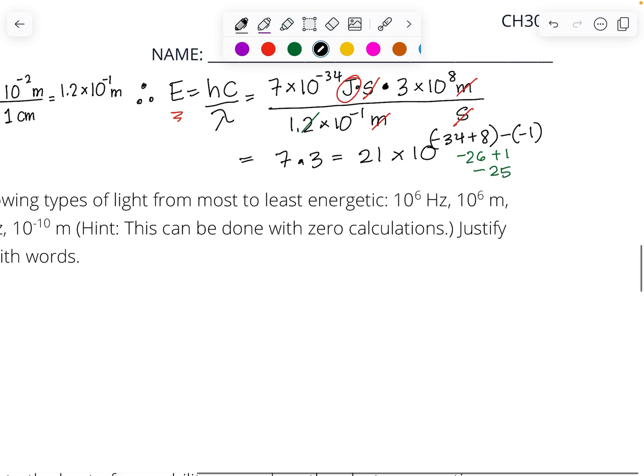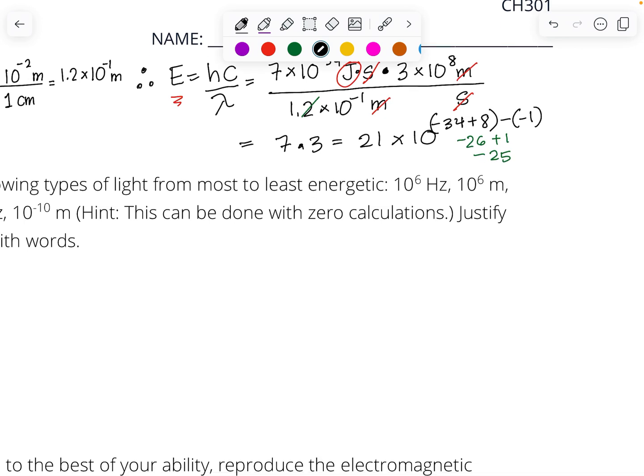So our answer is, do I have space? I don't know. 7.3 times 10 to the negative 25 joules. There we go. Oh, no, not 7.3. This is when I need to have you guys in front of me. No, 2.1.